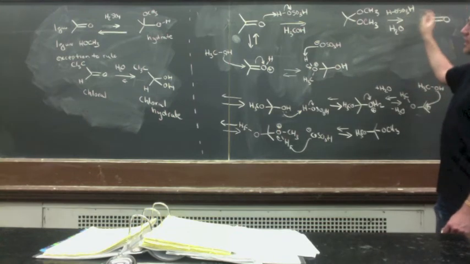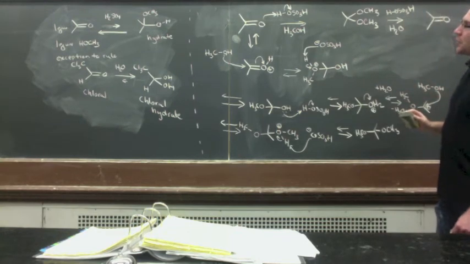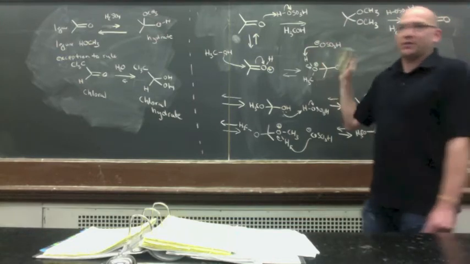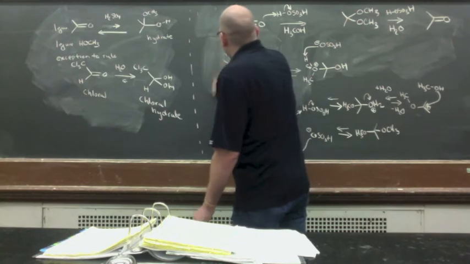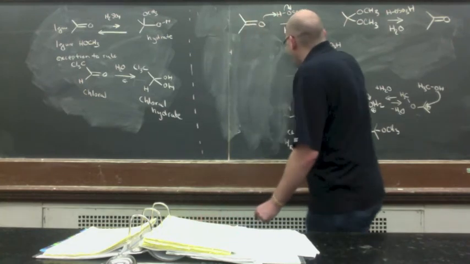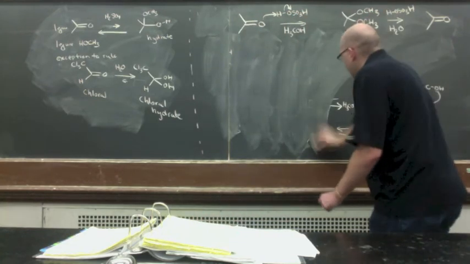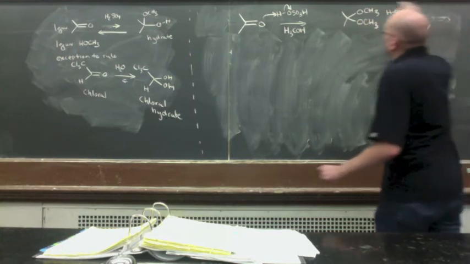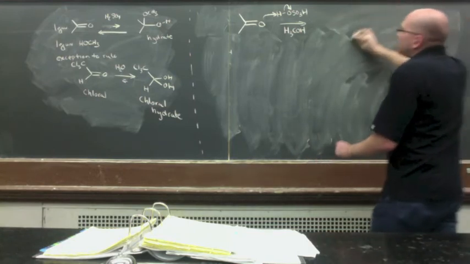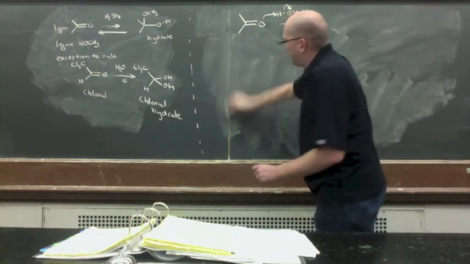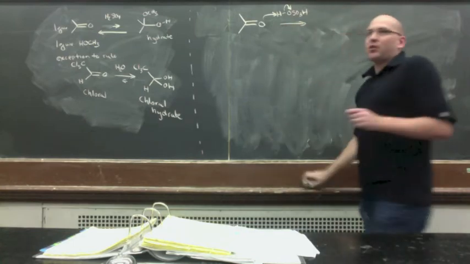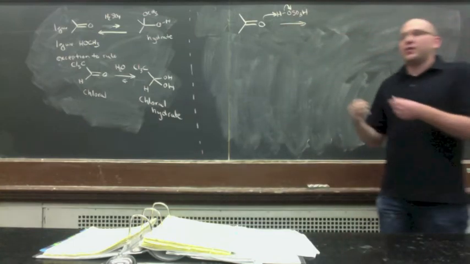Ketal formation. I'm going to show you another reaction that's almost identical to this. Now, it turns out that if you do this reaction, and instead of using methanol, instead of the oxygen being the nucleophile, you use an amine.